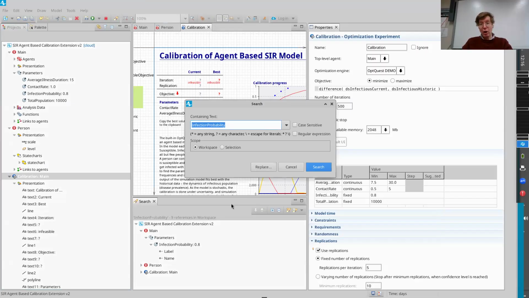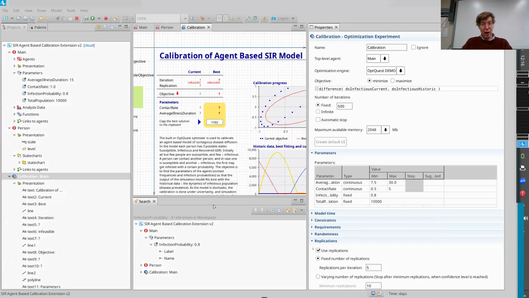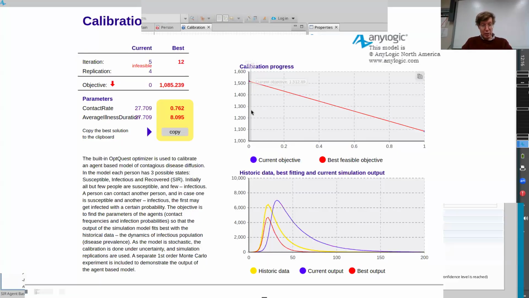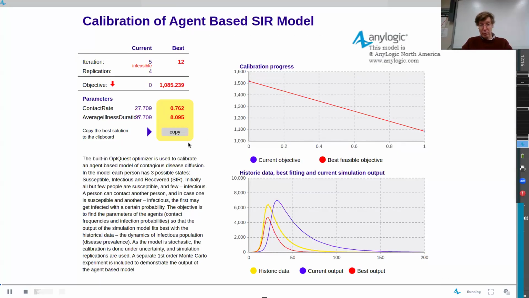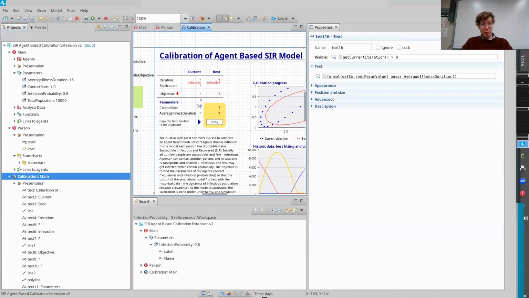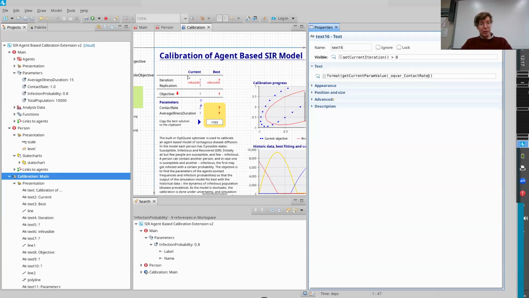I changed it from contact rate in one of those cases, the output from contact rate. This should have stayed contact rate, and I stand remiss. I should be criticized. Instead of average illness duration, this should have remained contact rate. My apologies. I don't know what came over me.